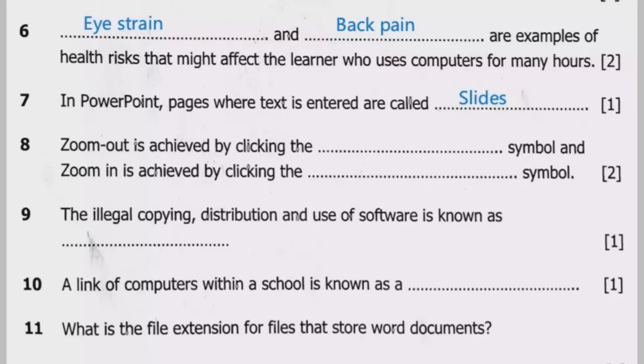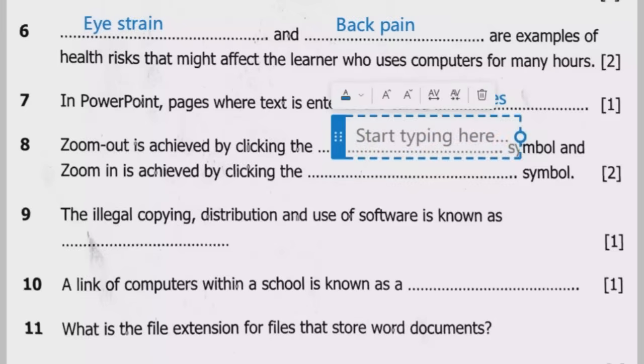When you click the minus symbol, you are making the content appear smaller. When you click the plus symbol, you are making the content big. So what we can write is: to zoom out, you click the minus symbol.